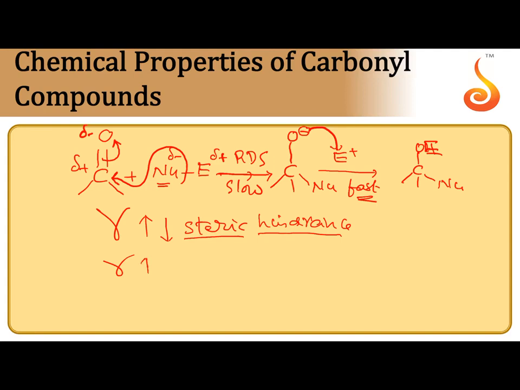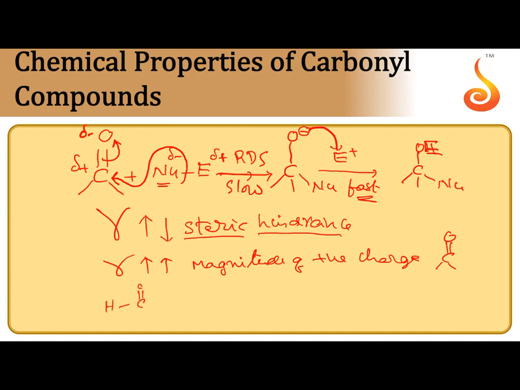Similarly, the rate of nucleophilic addition reaction is directly proportional to the magnitude of positive charge on the carbonyl carbon. So if the positive charge is more, the nucleophile can attack easily.